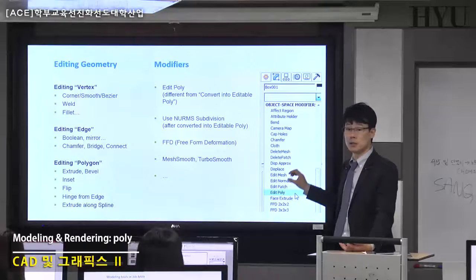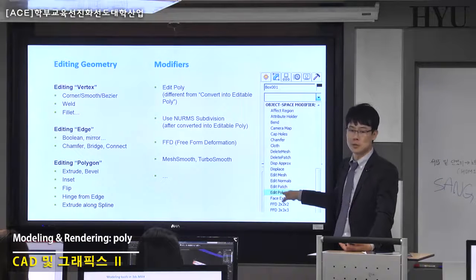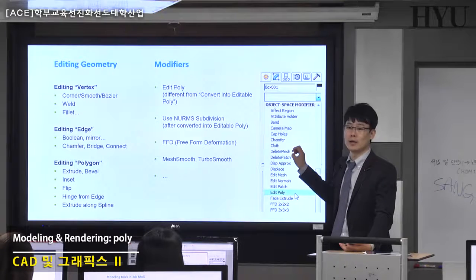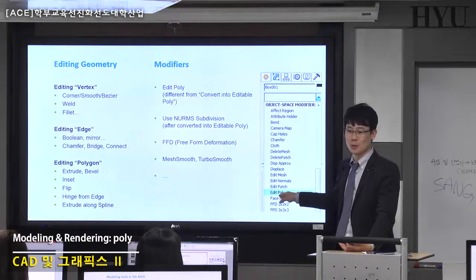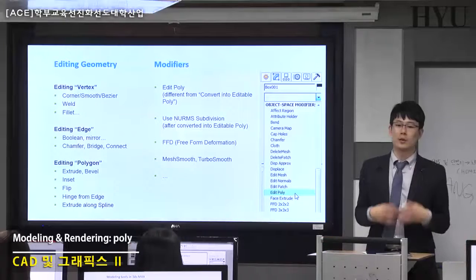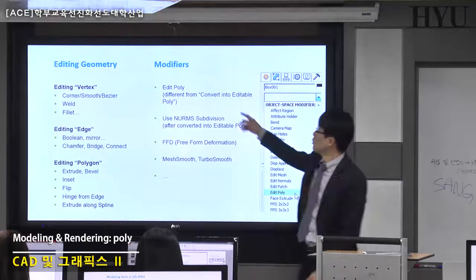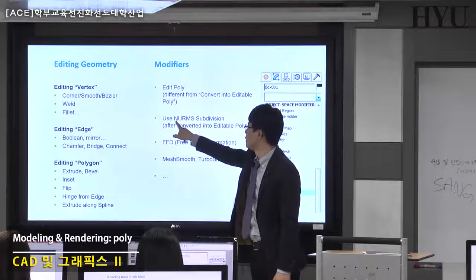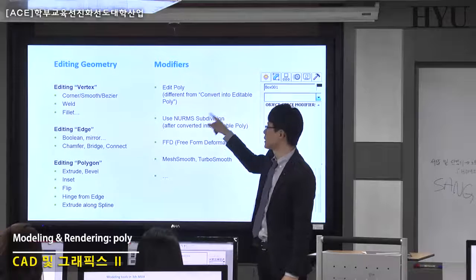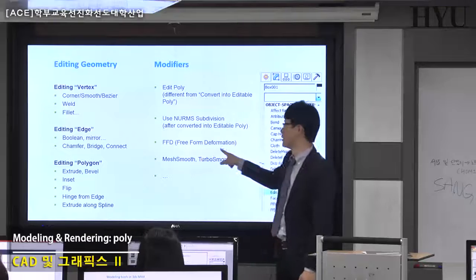By its literal meaning, making smooth. By turbo, you know what turbo is, okay? It dramatically changes your shape in a smoother way. Anyway, some modifiers: edit poly, normals, subdivision, another type of smooth, FFD, freeform deformation.